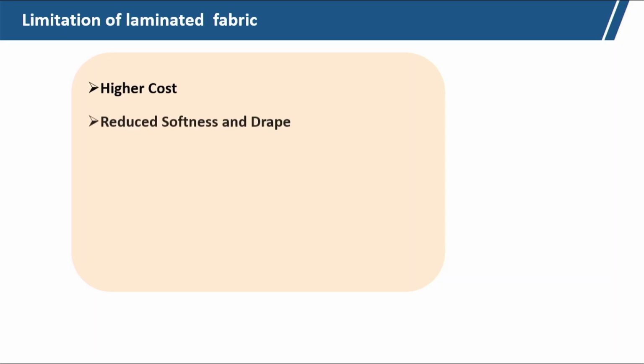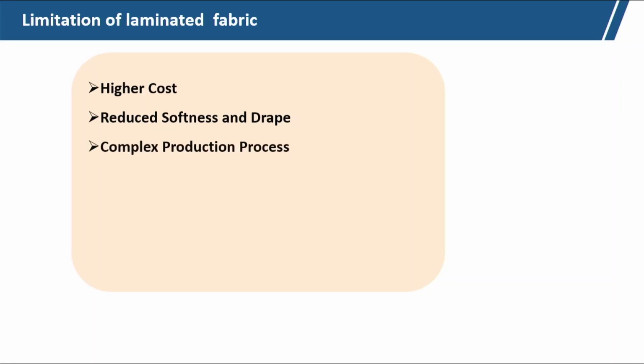The limitations are that its cost is high due to the additional process of lamination. Softness and drape are reduced to some extent as compared to normal fabric. It has a complex production process, because you have to produce the fabric, then laminate the film with the fabric, which is a complex process.